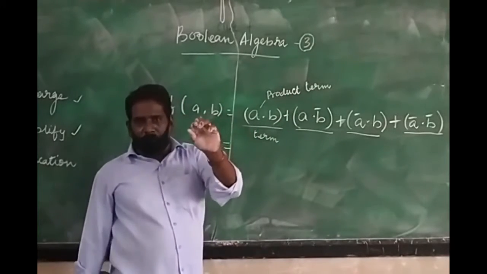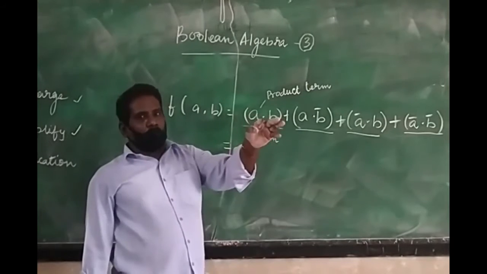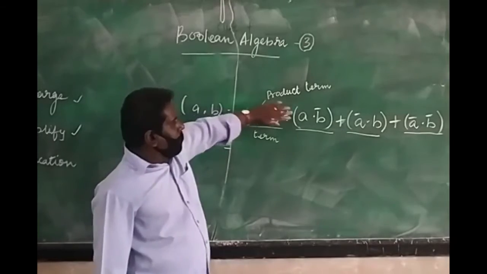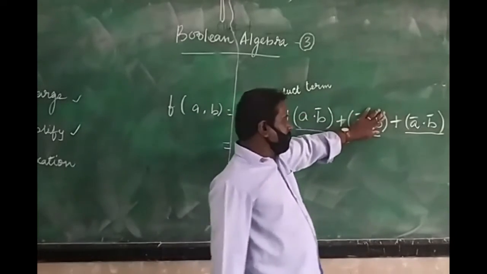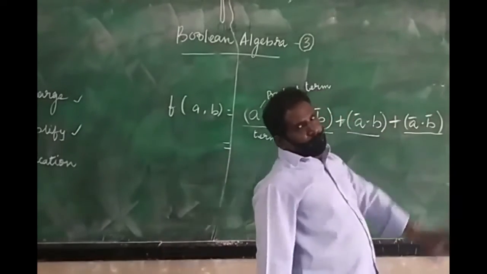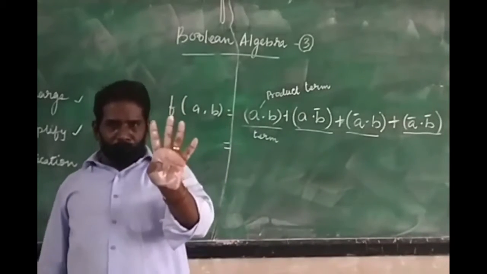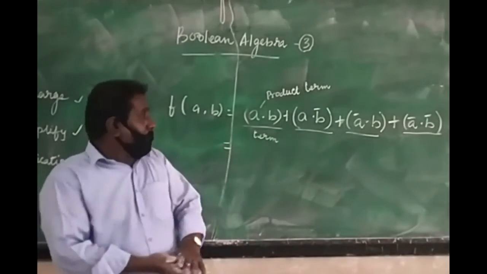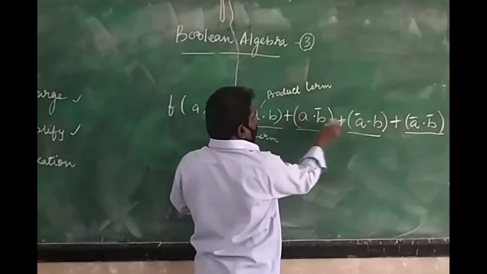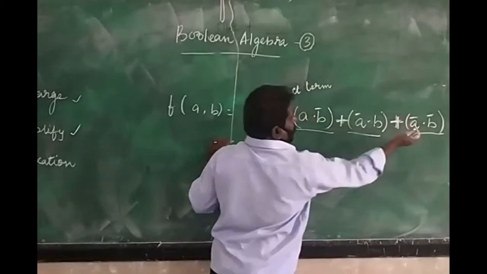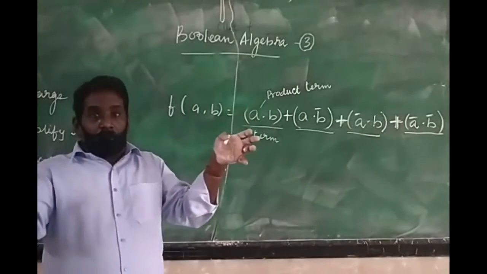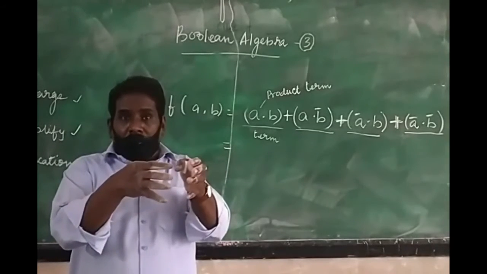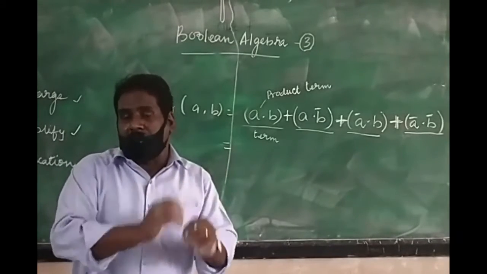So this is one product term, this is another, this is another, and this is another. These 4 different terms are added. Sum, total, addition operation means OR operation in Boolean algebra.